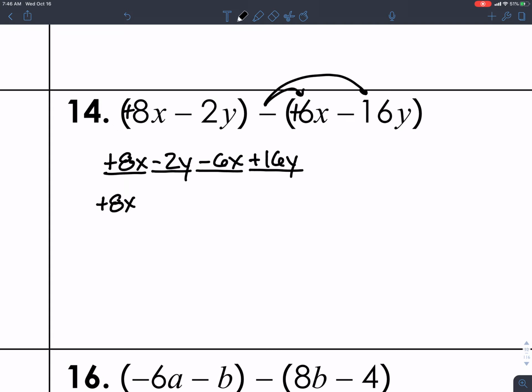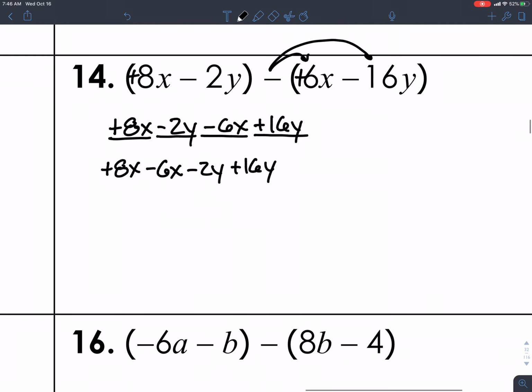I got a positive 8x and negative 6x, so I move those out front. Next I have the negative 2y and the positive 16y. I could have put those in a different order and it might have looked a little bit better for you, but let's just work on it this way. Actually, let's move some stuff. I'm going to leave it because you might have already written this down.